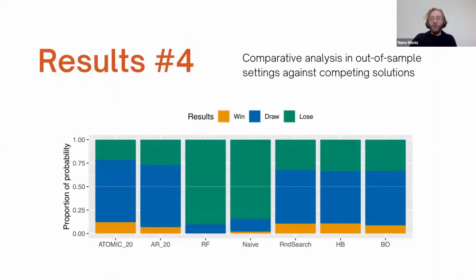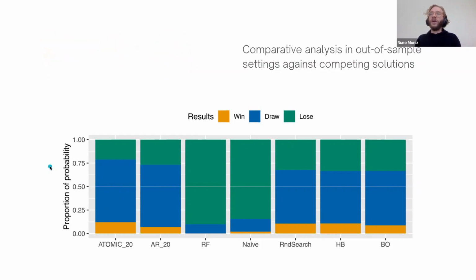And we come to the final result, which is a comparative analysis in out-of-sample settings against competing solutions. And here, now we have a comparison to all of them. What we can see is that the Atomic solution provides the best results, quite similar to some others.